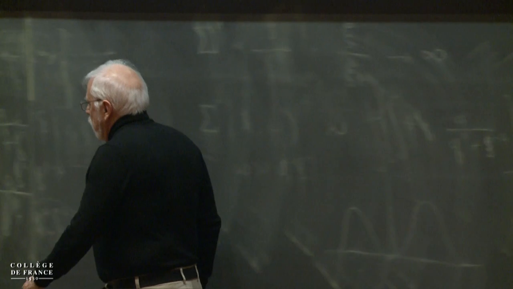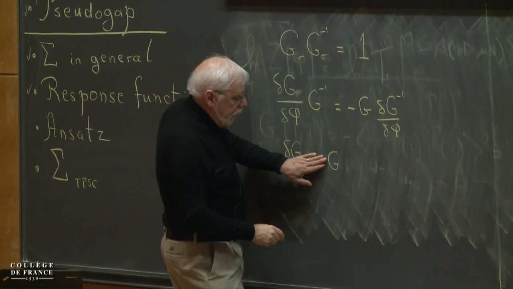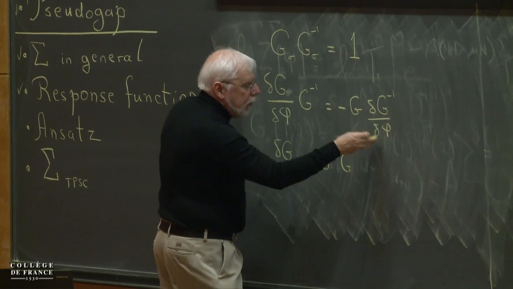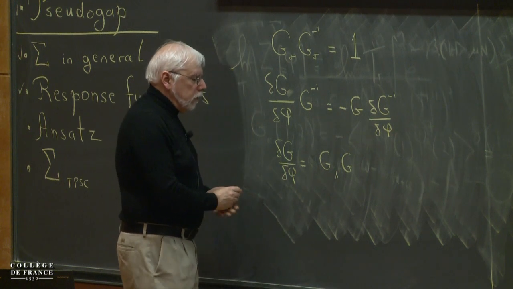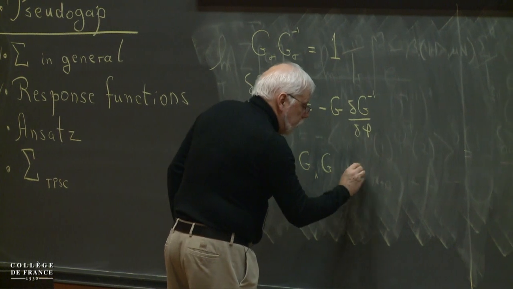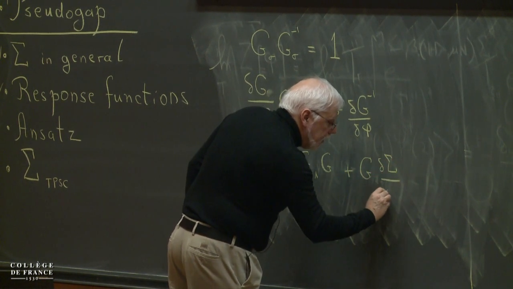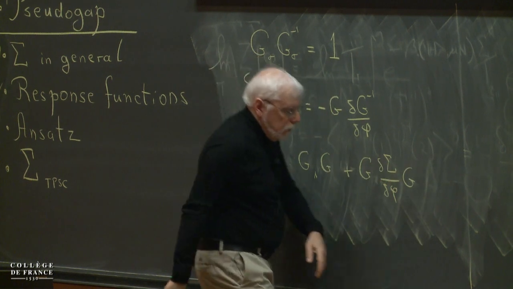So if you take this functional derivative with respect to phi, you see that you get GG, you get delta phi with respect to delta phi, which will give you a bunch of delta functions that will determine the indices that go there. And then you have plus G delta sigma delta phi times G, where this is like matrix multiplication.